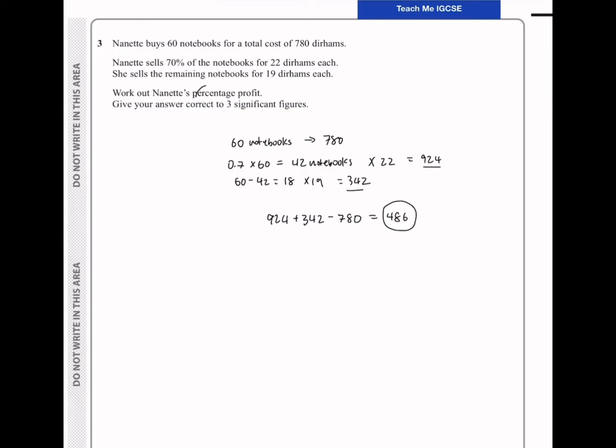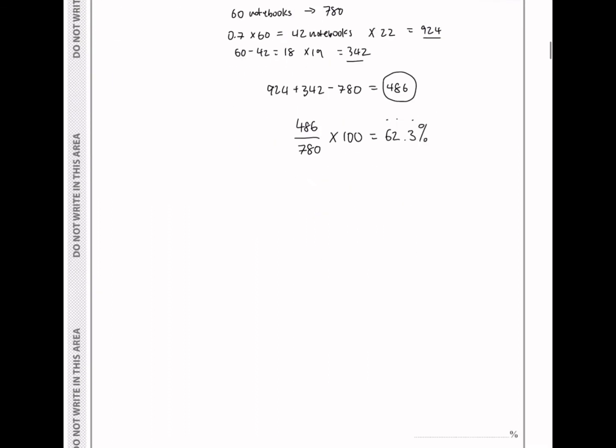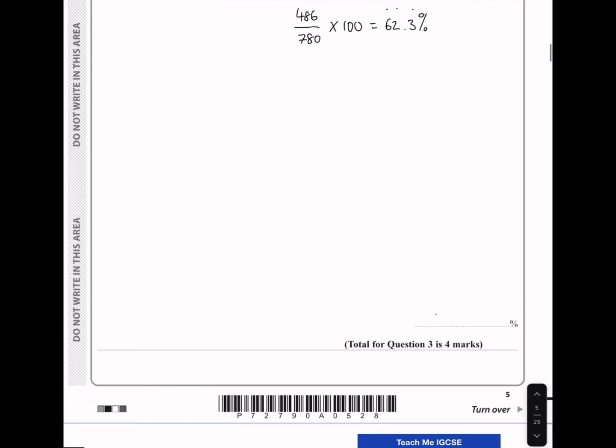So we take 486 divided by how much she spent, 486 over 780. Multiply that by 100 to get the percentage, and we get 62.3%, because we need to give it to 3 significant figures. So 1, 2, 3: 62.3%.